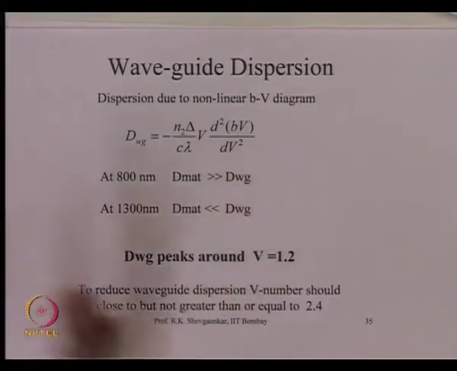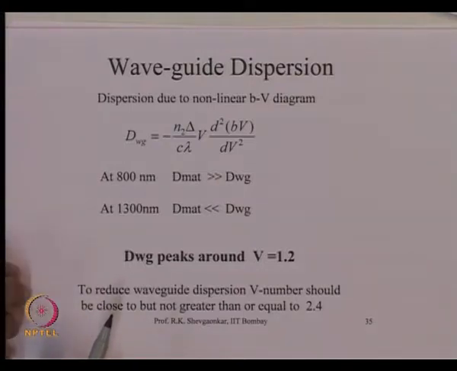So if I go on either side of V number 1.2, the dispersion reduces. So that means if we want to have low waveguide dispersion, then either I have to operate at a V number much smaller than 1.2 or at a V number which is much larger than 1.2.